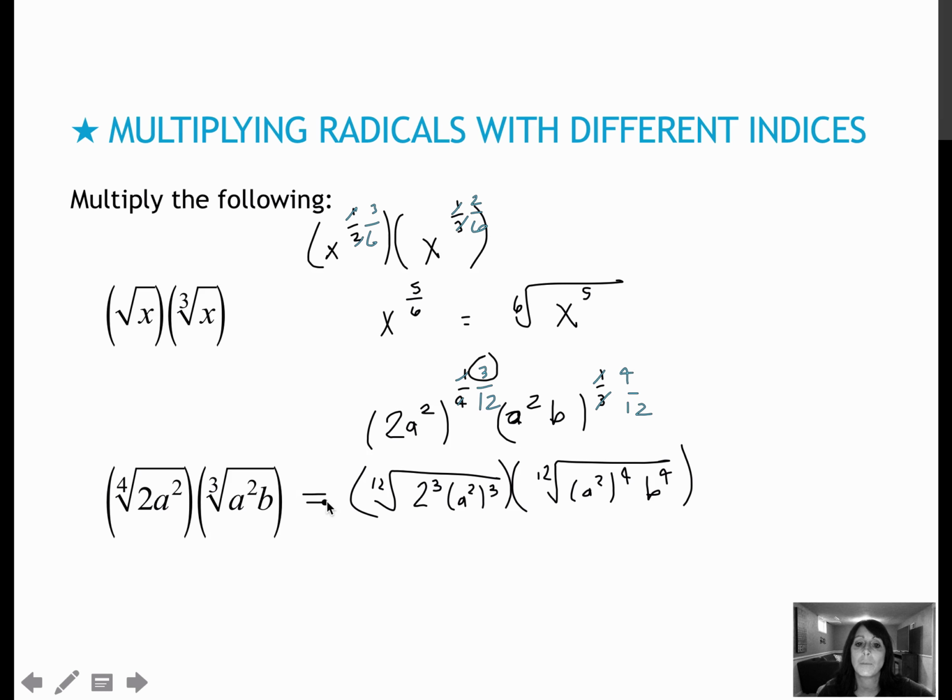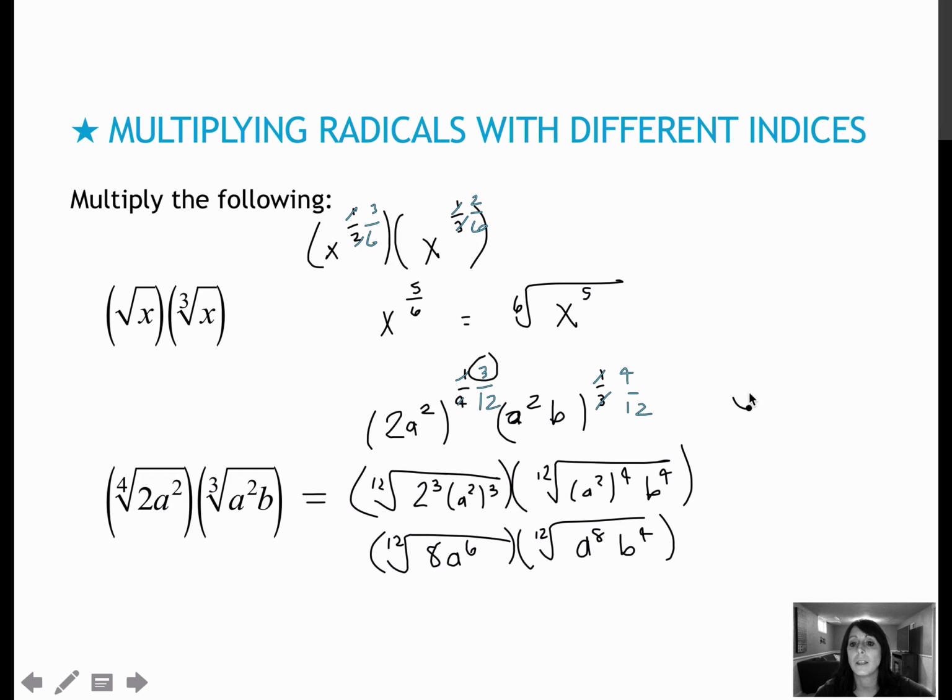Now it's not important for me to write this step out, but I certainly can to make sure I'm keeping myself organized. So this is the 12th root of 2 to the 3rd, which is 8, and then a to the 6th. And then this is a to the 8th, so the 12th root of a to the 8th, b to the 4th. I'm going to combine all of this together.